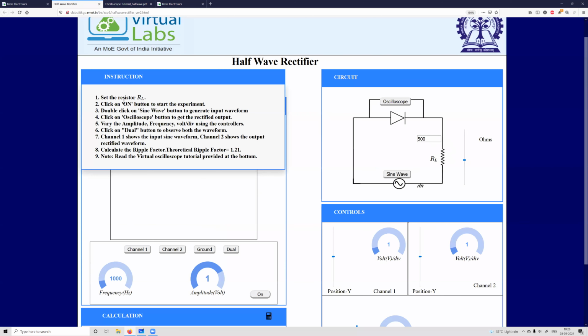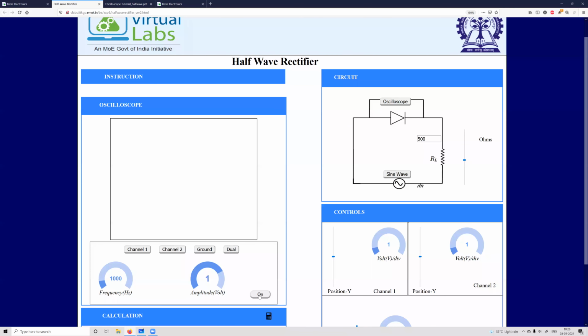Then set the voltage 1 volt, 1000 hertz. See the input waveform. One volt, 1000 hertz.